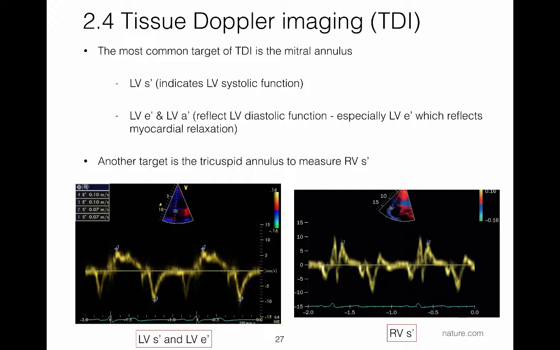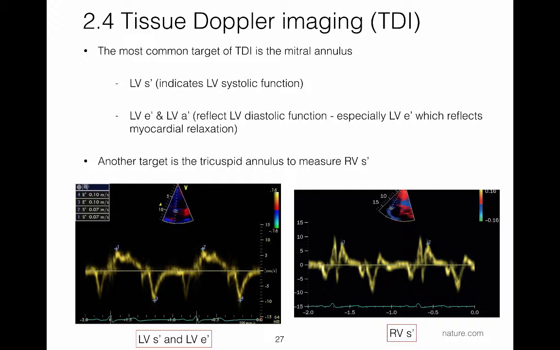The left ventricular E' and left ventricular A' are acquired in a similar way, but they measure early and late diastolic annular velocities, which are markers of diastolic function. Especially the LV E', which reflects early myocardial relaxation.